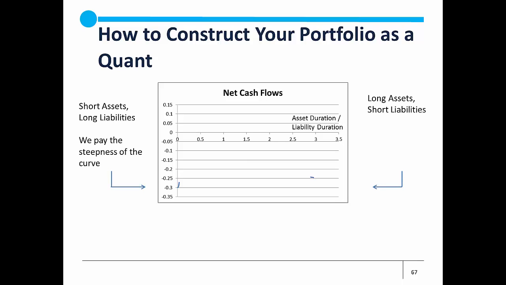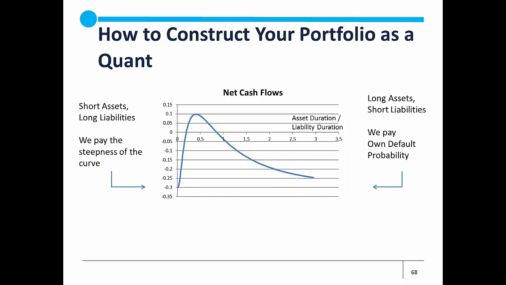So on the left hand side, we're basically paying the steepness of the curve, and on the right hand side of the graph, we're paying our own default probability. So somewhere in between those, there's a sweet spot where we should be making money.